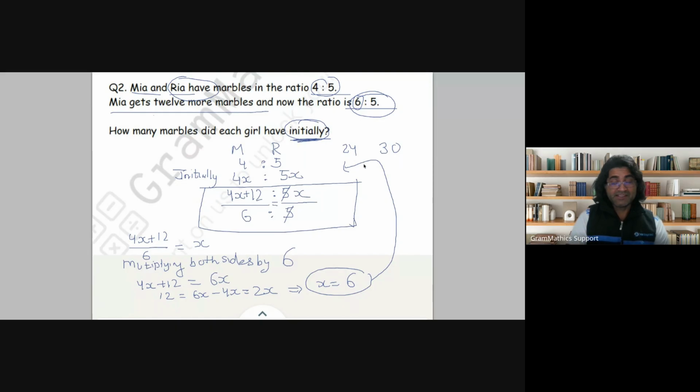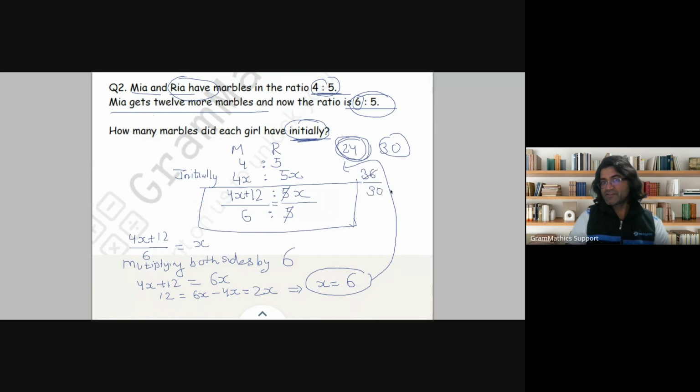Yeah? Then the better thing, check. Is 24:30 simplified to 4:5? If I divide by 6, I get 4:5. But what happens if I add 12 marbles to Mia? Adding 12 marbles to Mia will make it 36 against 30 for Ria.